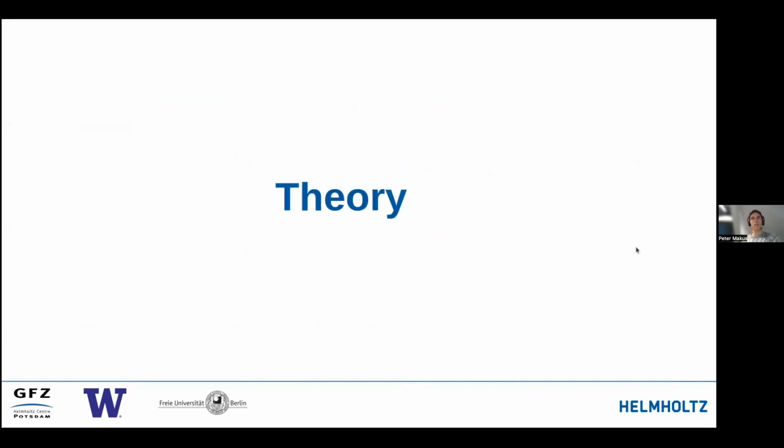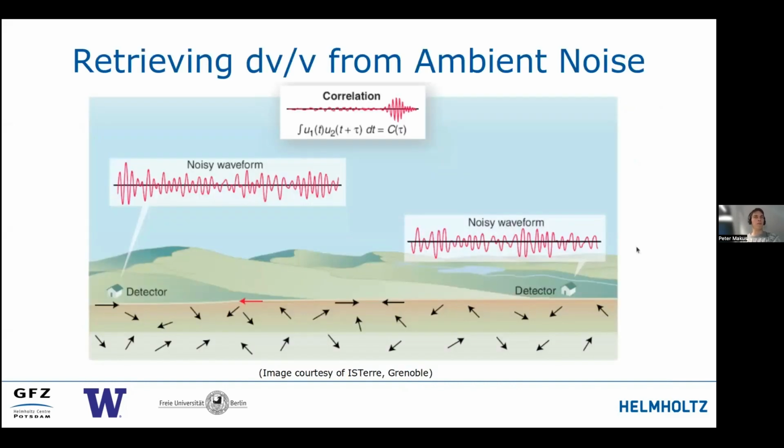So let's get into the theory. This is an image I like to use. Unfortunately, I'm not quite sure who actually created this, but it's coming from somewhere in Grenoble. This basically shows the situation of two seismic stations located somewhere in space, or at the surface mostly, recording nothing, or actually more precisely recording noise.